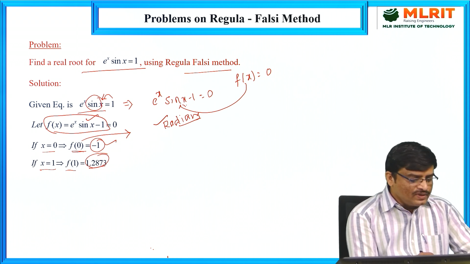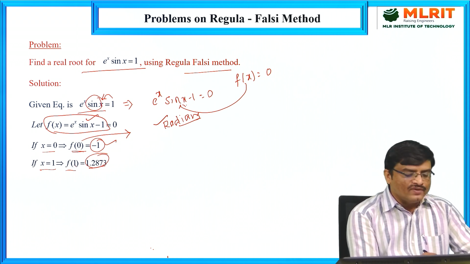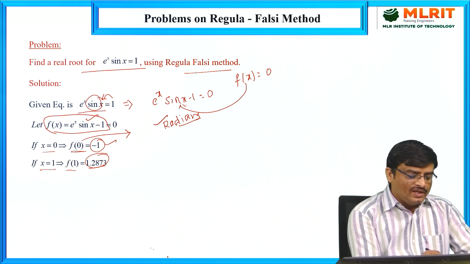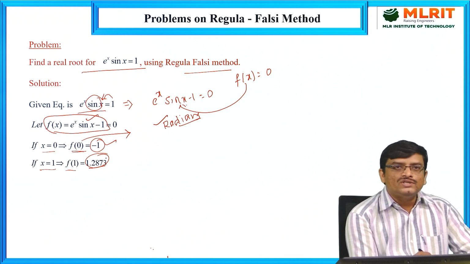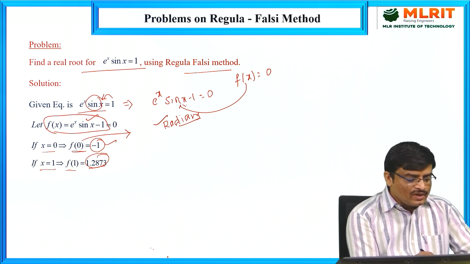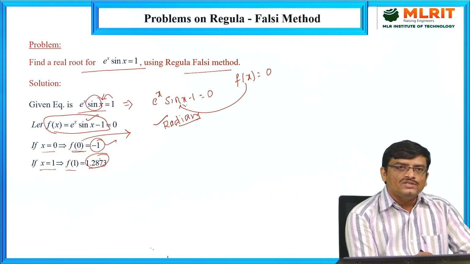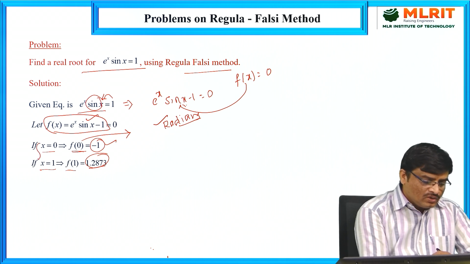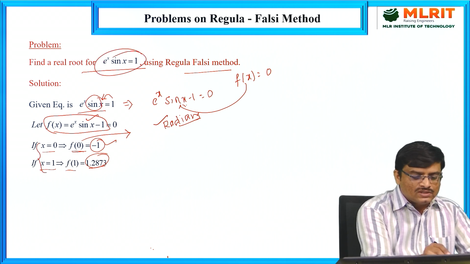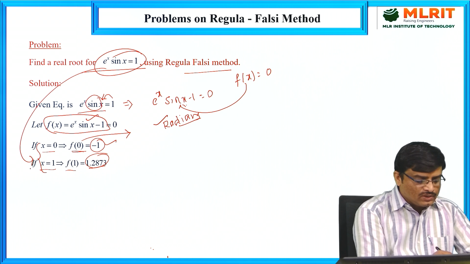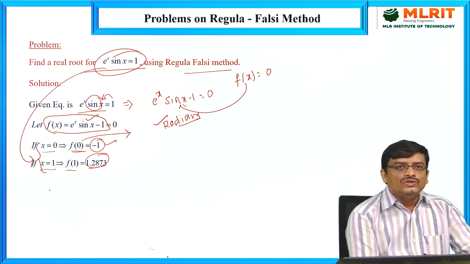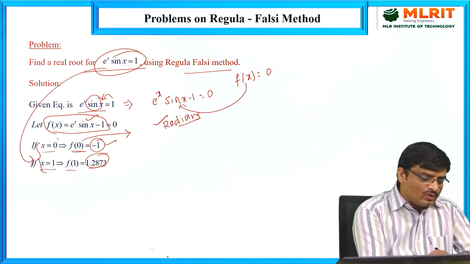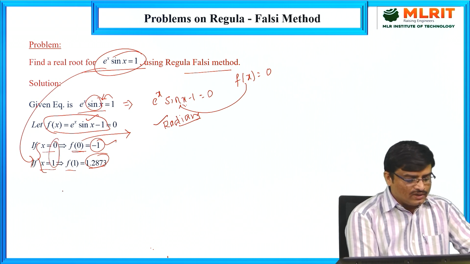So whenever we substitute x = 0 and x = 1 and the function values have opposite signs, then we can conclude that the root of this equation lies between x = 0 and x = 1. So whatever x value we get lies between 0 and 1.